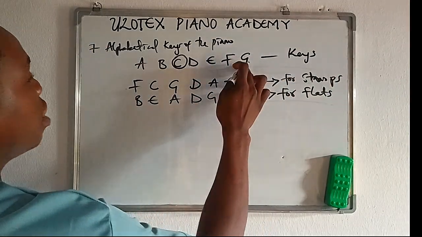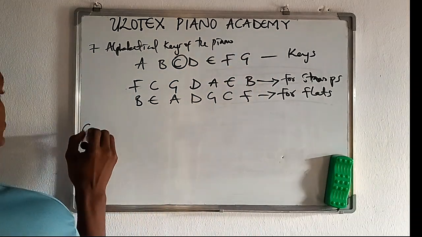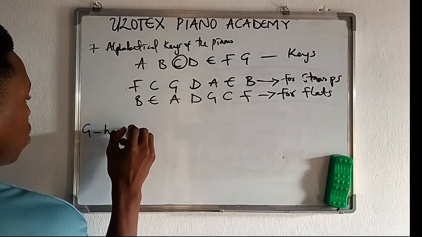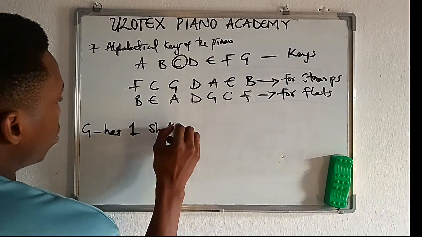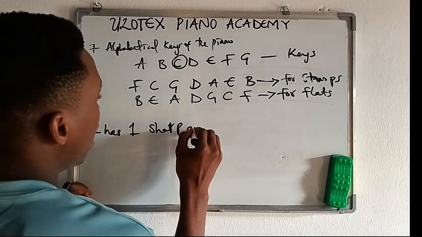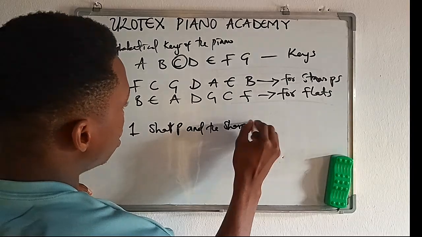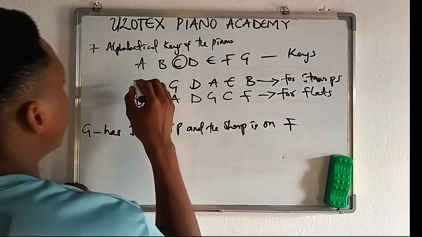So it means that key G has one sharp, and the sharp is on F, which is this.